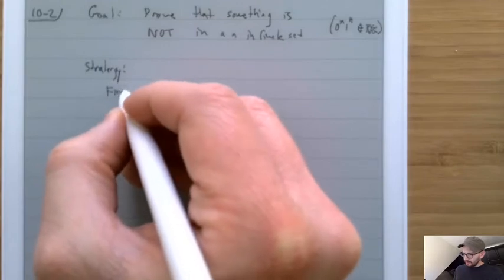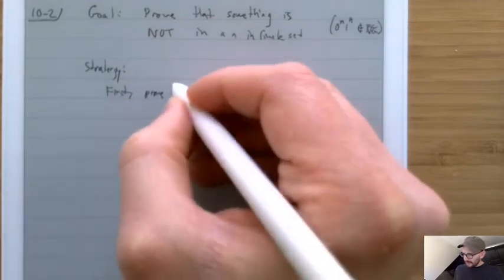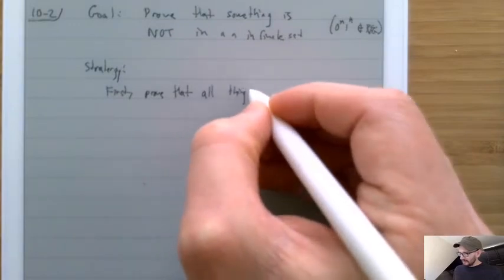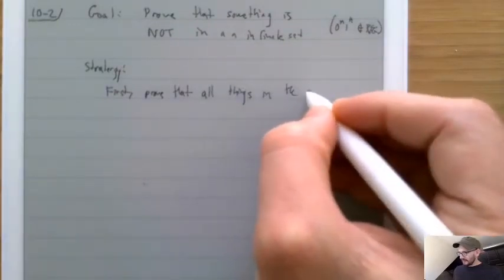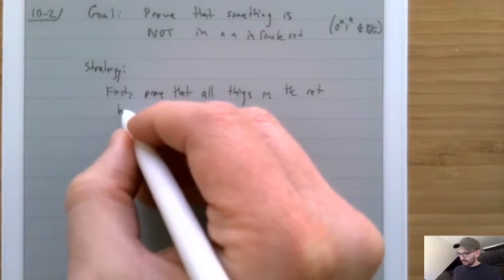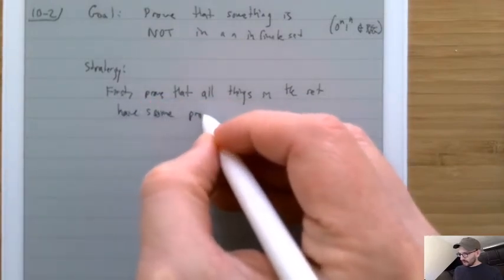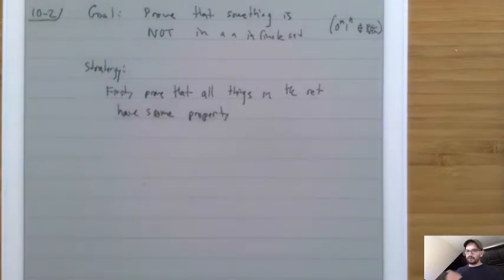First, prove that all things in the set have some property. For example, you might prove that all humans are mammals. So we have a set of all humans, and we're going to prove that they're all mammals.